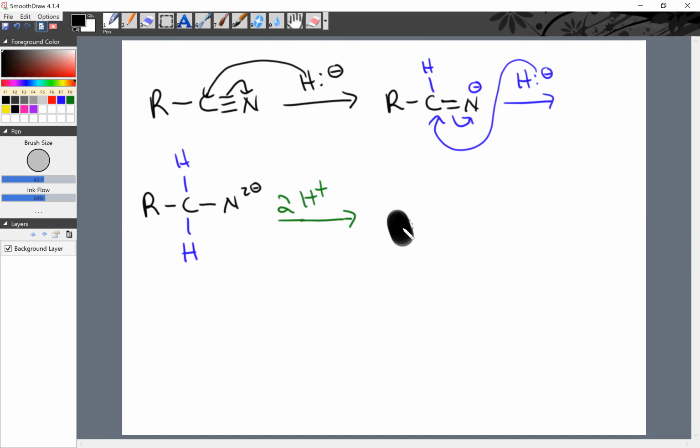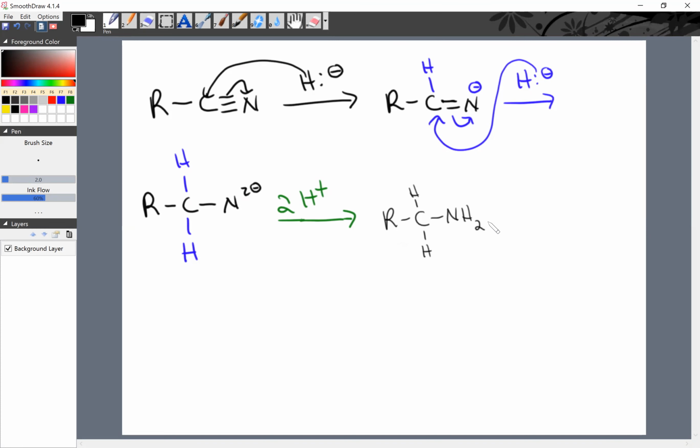Oh, no, no, no, that's not good. And we would be left with RC, okay, those two hydrogens are now there, and NH2.